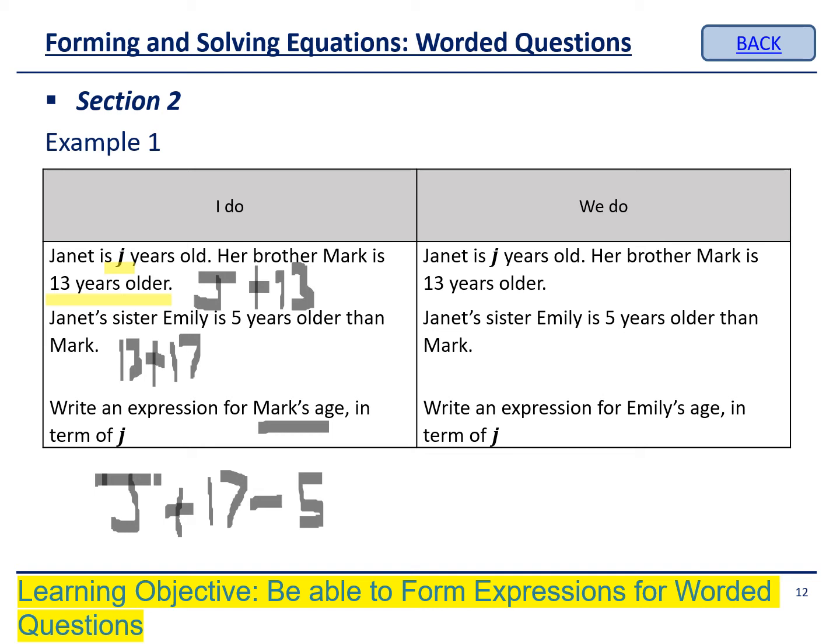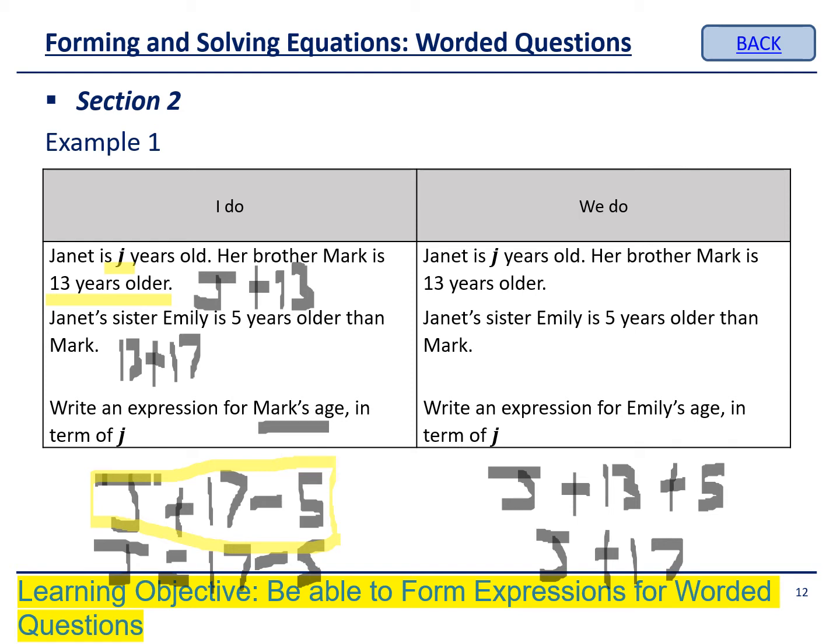Okay, so we could put there J plus 17, take 5, and that's going to give you Mark's age. That would be to express Janet's age, even though we don't know it. It's an unknown, but here we would have the expression for Mark's age. Okay, right, pause the video, have a go at the we do, please.